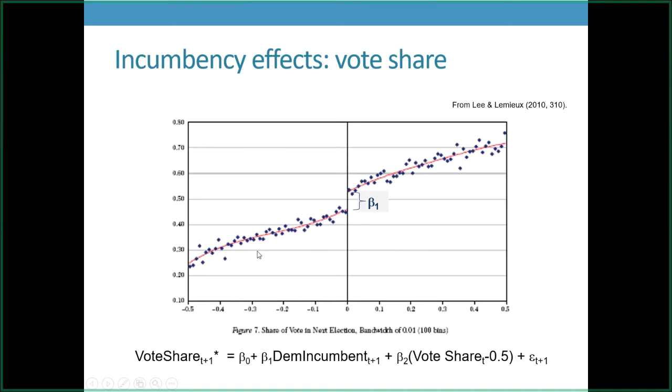The probability of being elected in this year's election for someone who, say, got 30% of the vote last time versus 35% of the vote last time: here I'll annotate, maybe this dot here is someone who got 35% of the vote, whereas over here is someone who got 30% of the vote.